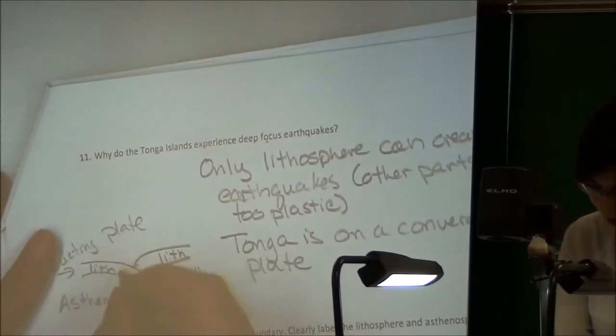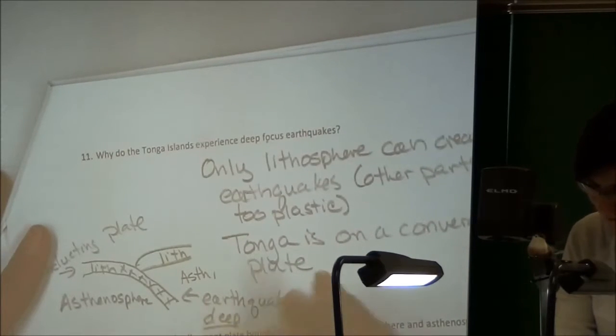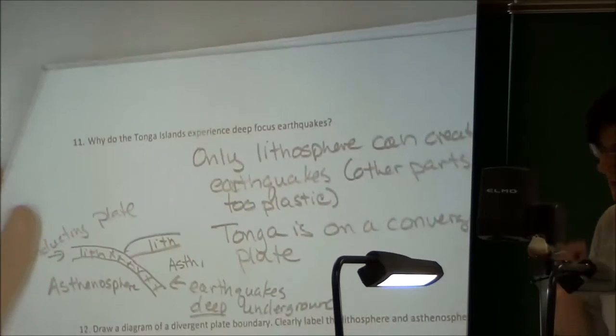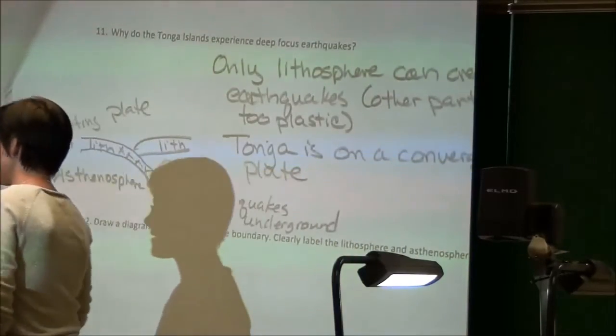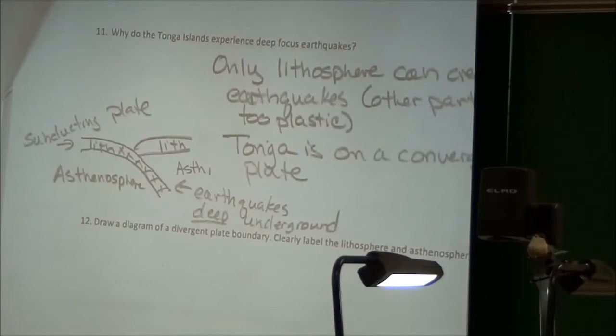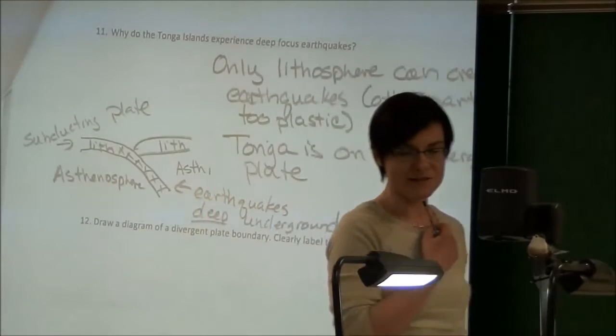Okay, so we have earthquakes deep underground. Now, in the brick and mortar class, we didn't spend much time on deep underground earthquakes. We spent a lot more time on island formation. So, we can review that if we need to.